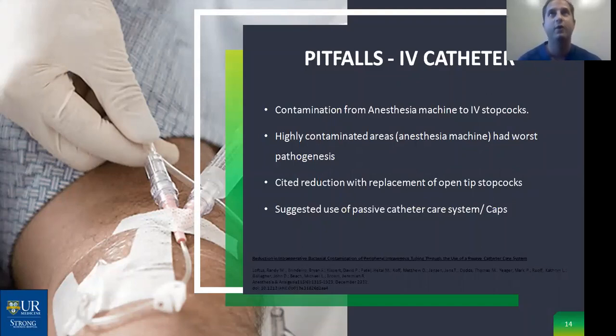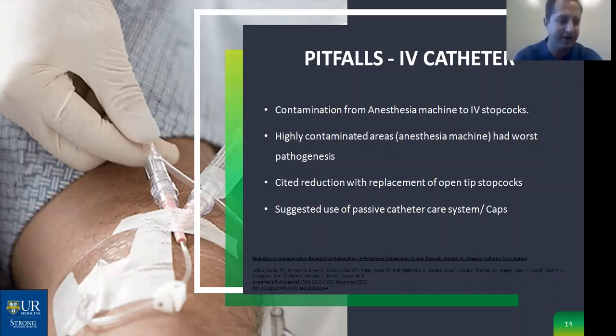And they looked at what we can do to reduce the amount of bacterial or viral contaminants given to these patients. So they looked at using, instead of open tip stopcocks, a hub, which is not an open tip, but a hub that you can scrub.